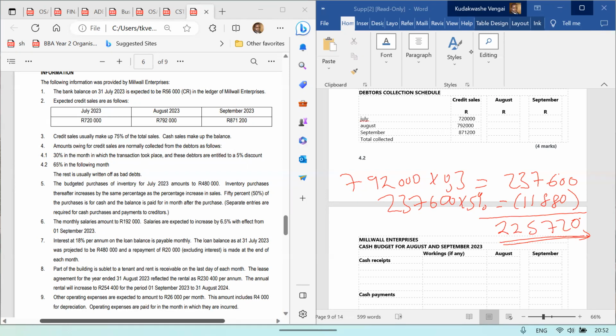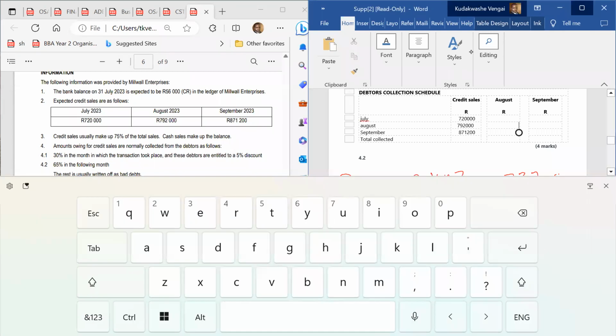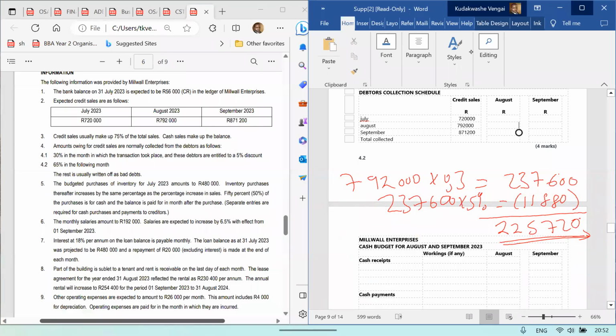Sorry, James. Can I just check the relevancy of number 3? Credit sales usually make up 75% of total sales. How does it relate to number 2? Because we took the whole balance on number 2 as credit sales. But when you read further, it says cash sales make up the balance. So how does it relate to that 75%? Where are we going to get our cash sales?